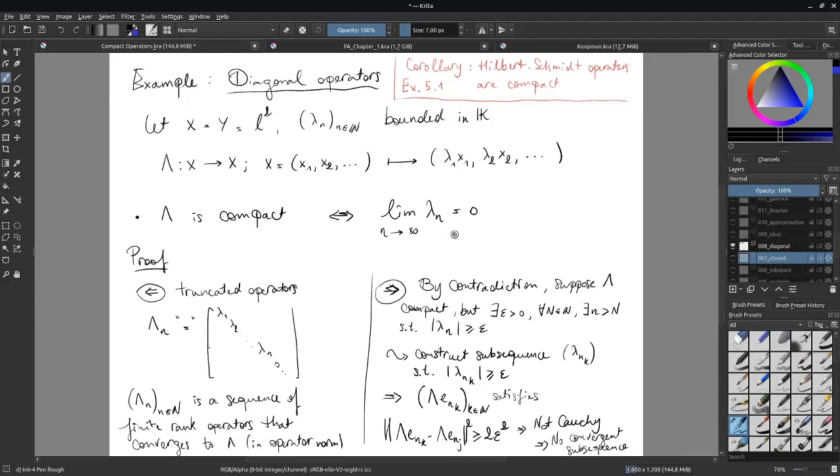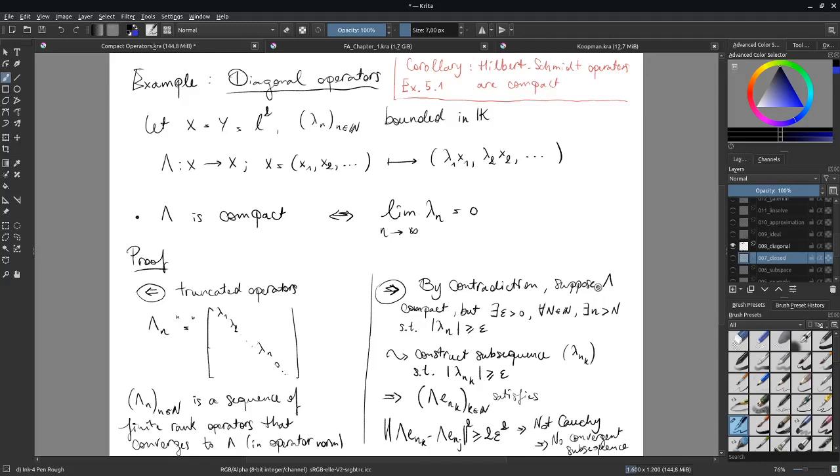And the proof is actually fairly easy. From the limit going to 0 to compactness, you just build your sequence of truncated operators that are finite rank, and it's easy to show that in operator norm this converges. For the other way around, you basically have to do a proof by contradiction.